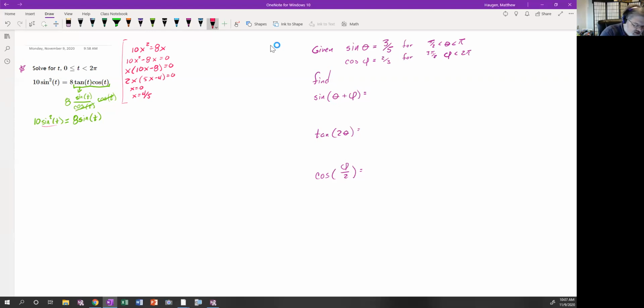So we should isolate that sine t in the same way. So we get 10 sine squared t minus 8 sine t equals 0. And then factor out, again, you can do whatever you want with that too, but I'm just going to bring it out to sine t times the 5 sine t minus 4.